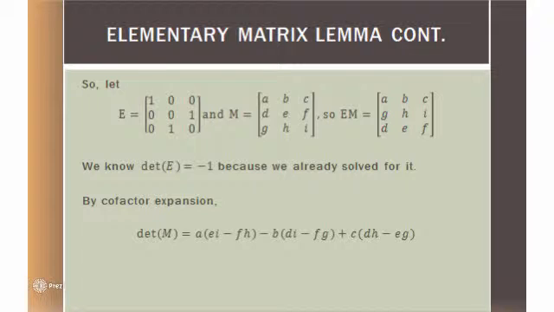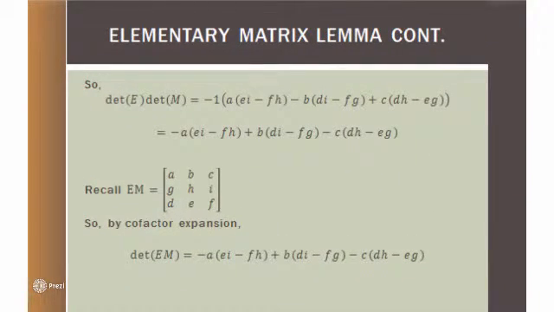Now we know the determinant of E equals -1 because we already solved for it in a previous slide. And by cofactor expansion, we'll get that the determinant of M is this: A times the quantity EI minus FH, minus B times the quantity DI minus FG, plus C times the quantity DH minus EG.